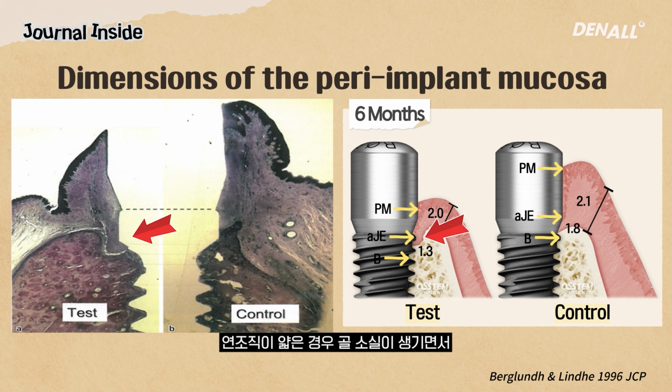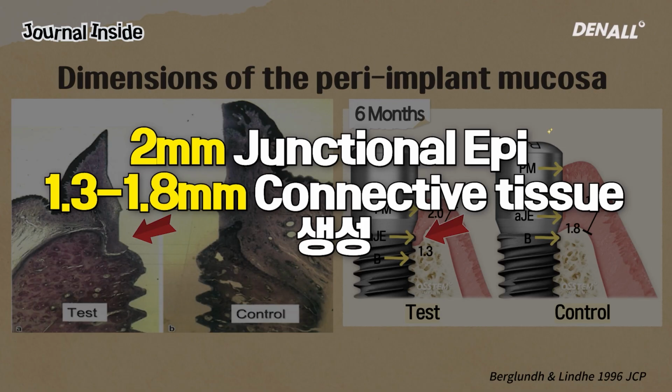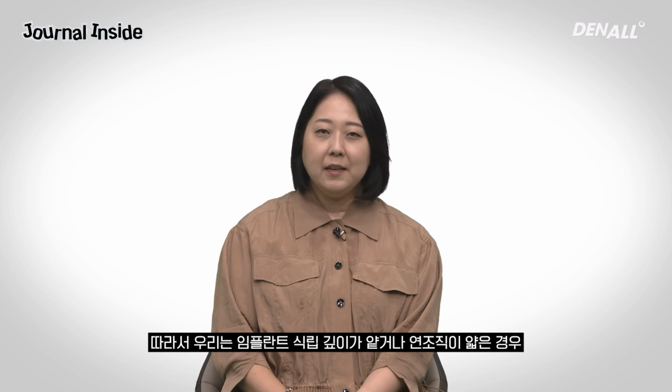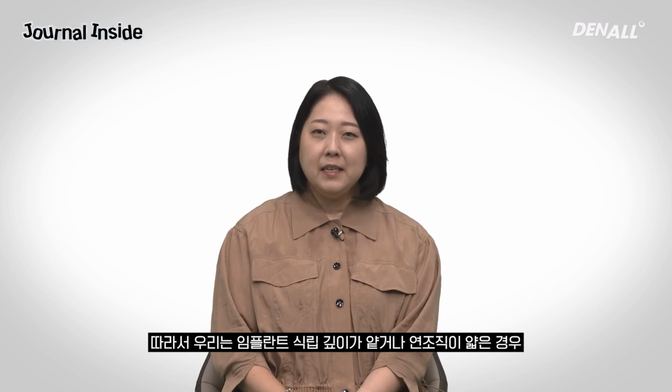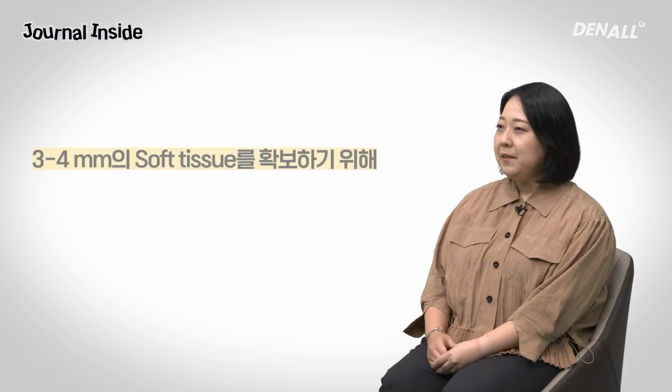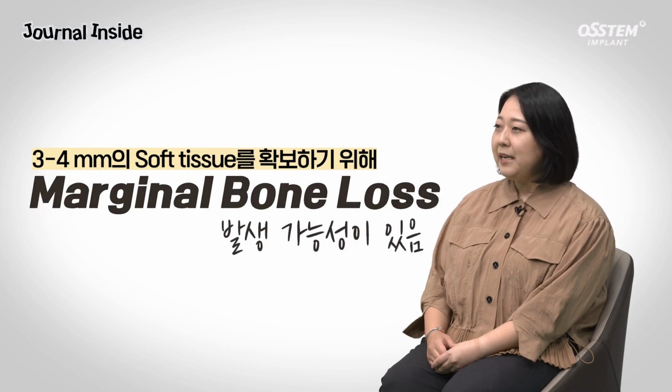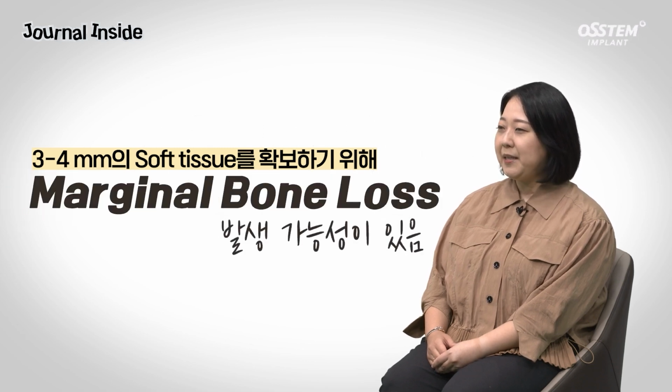In the case of thin soft tissue, along with bone loss, about 2 millimeters of junctional epithelial attachment and 1.5 millimeters of connective tissue attachment occurred. Similar in the case of 4 millimeters thick soft tissue. This confirms that when the implant depth is shallow or soft tissue is thin, marginal bone loss can happen even without infection to secure 3 to 4 millimeters of soft tissue.